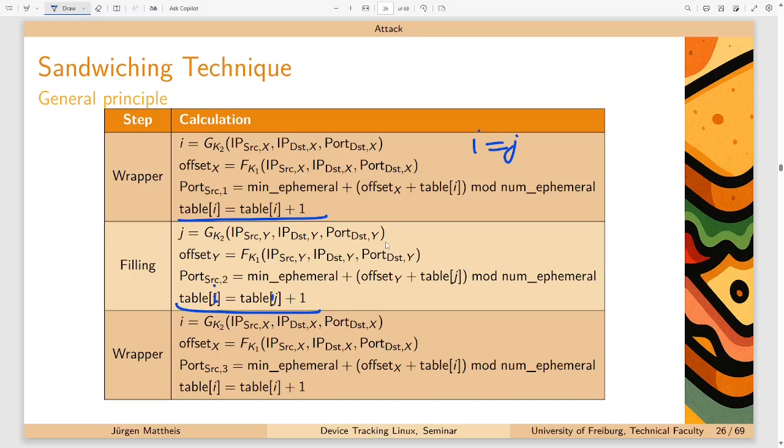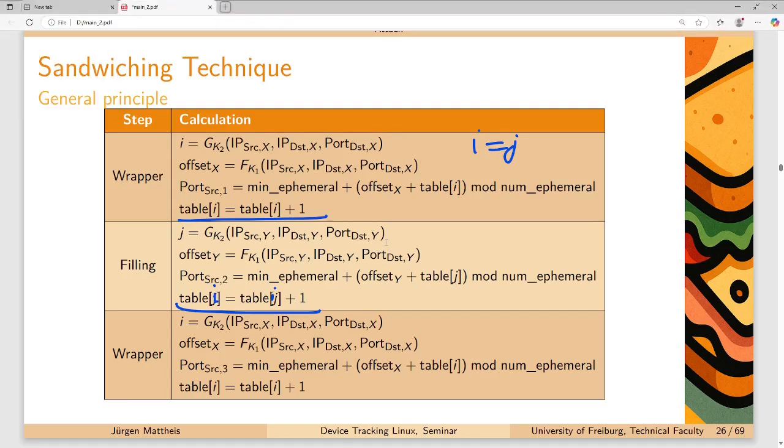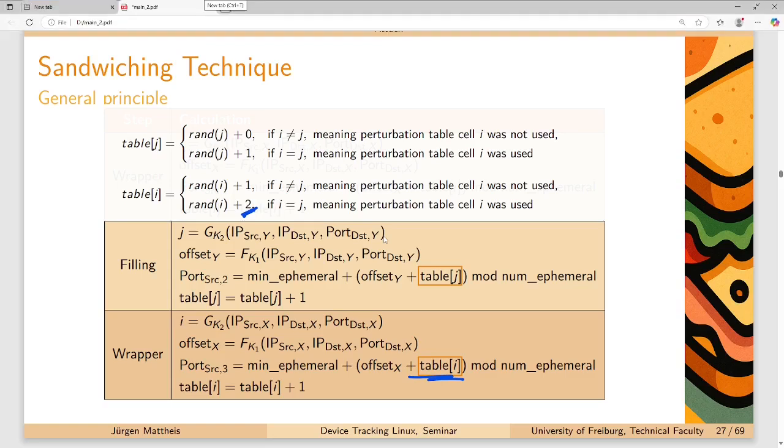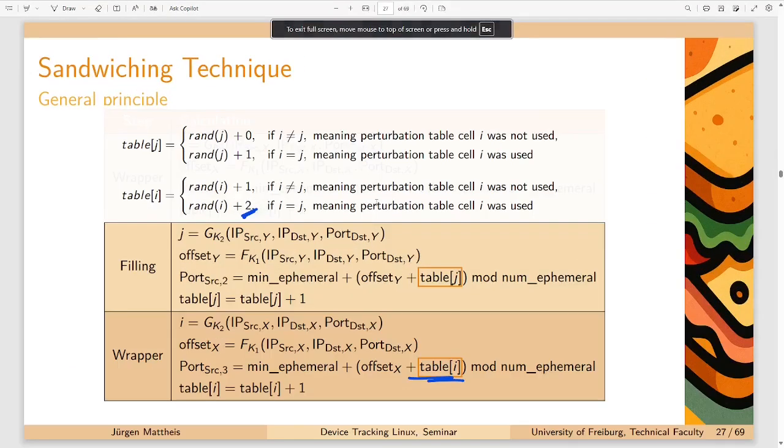That means we have an increment of 2 if i and j are equal, and that means we had an increment of the perturbation table cell at index i over here.